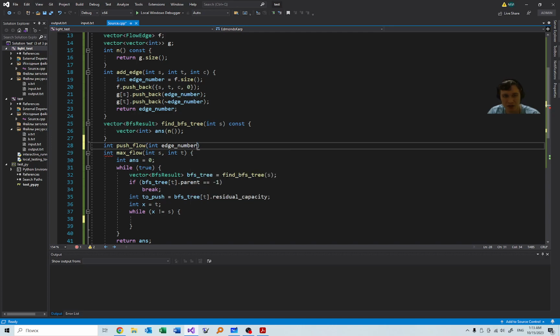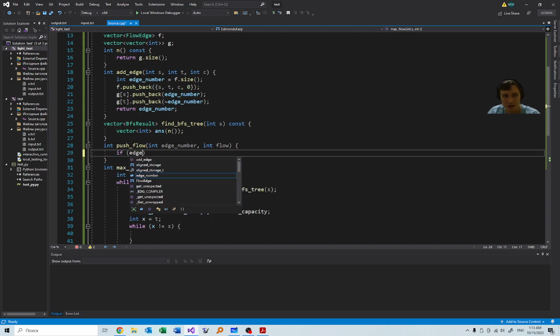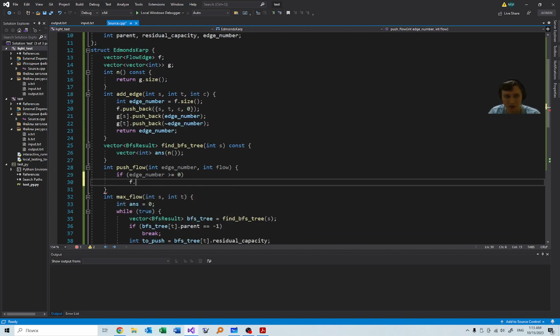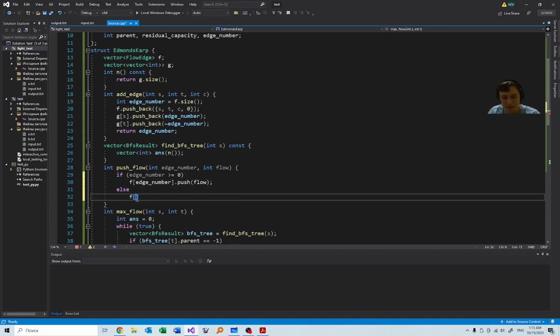It takes int edge number and int flow. So if edge number is at least 0, we push f edge number dot push flow. Else f not edge number dot push minus flow.